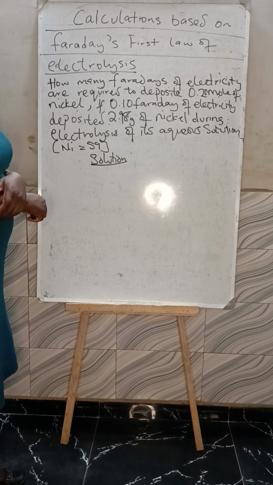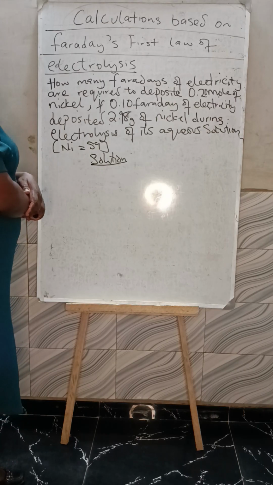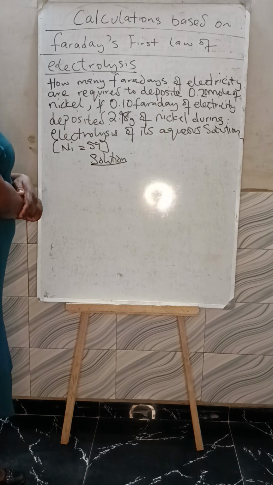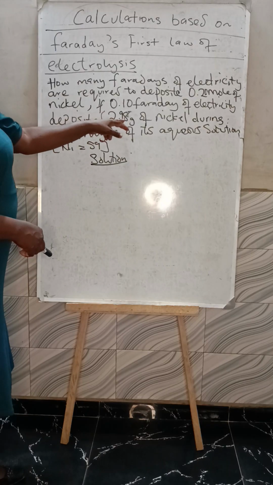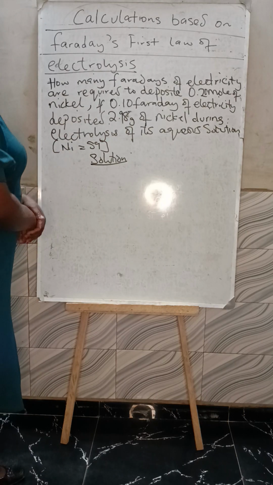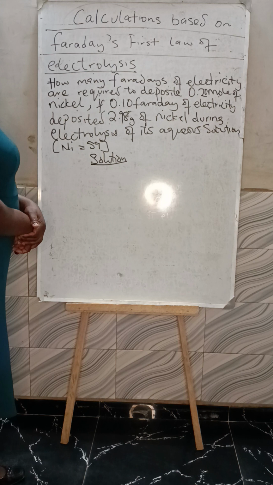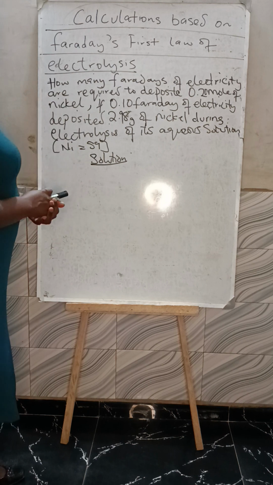Now, the second question is, how many Faraday of electricity are required to deposit 0.20 mole of nickel, if 0.10 Faraday of electricity deposited 2.98 gram of nickel during the electrolysis of its aqueous solution.